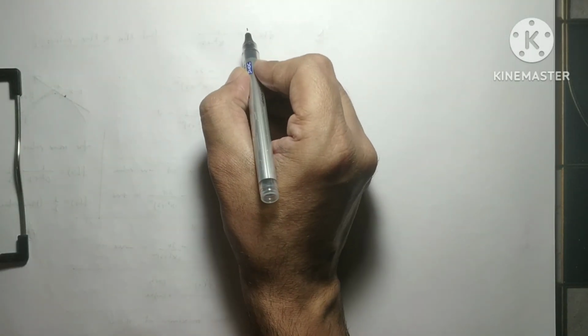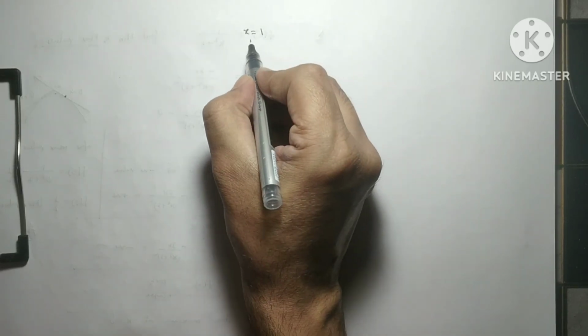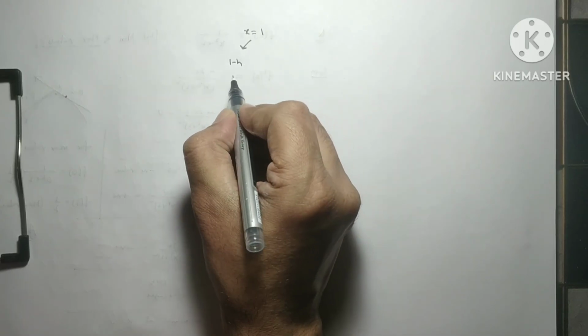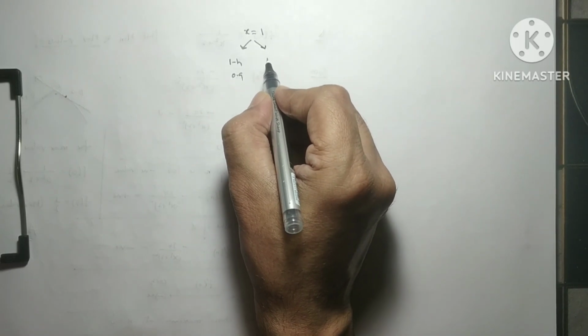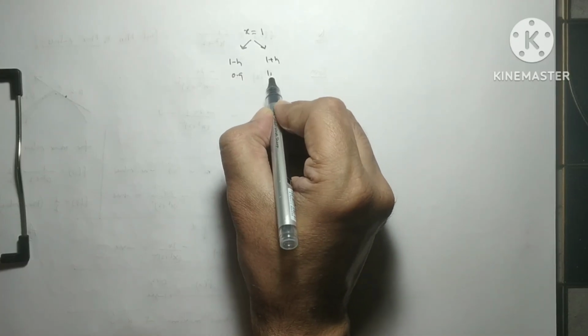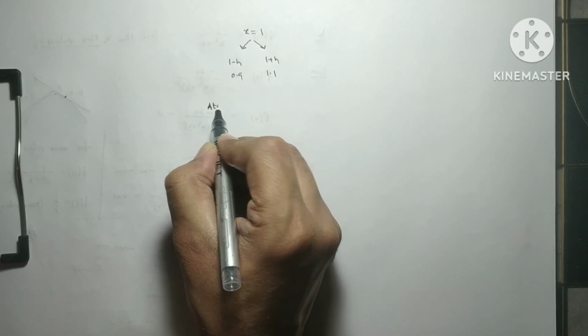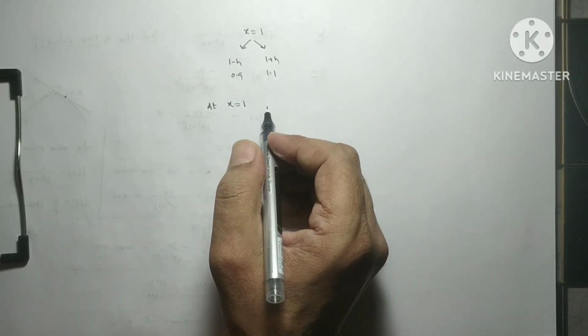Now we have the value x equals 1. Its slightly lesser value is 1 minus h, like 0.9, and slightly greater value is 1 plus h, like 1.1. So at x equals 1, we will check the sign of f dash x.